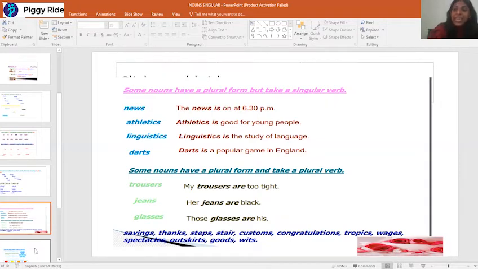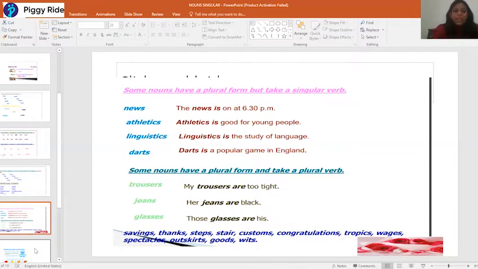We say is because news, though the form is plural, the verb that it is going to take will be in the form of singular. The pronunciation is news. We never say new, right? The news is going to be telecasted on television around 8:30 p.m.